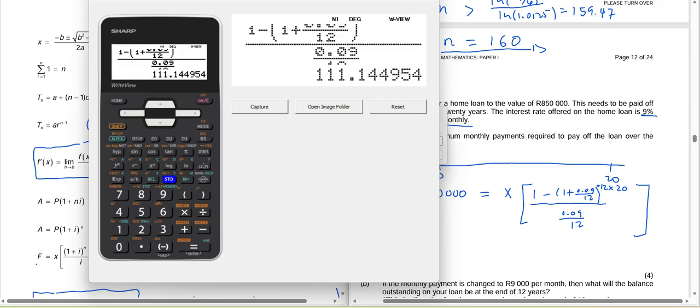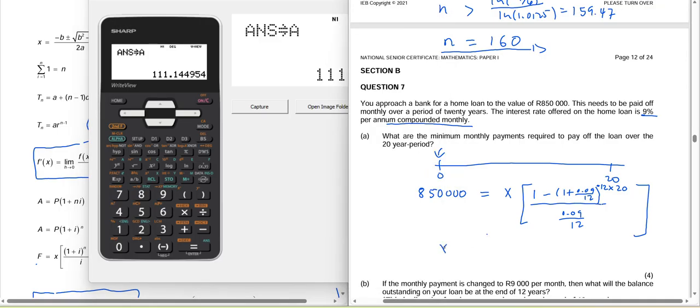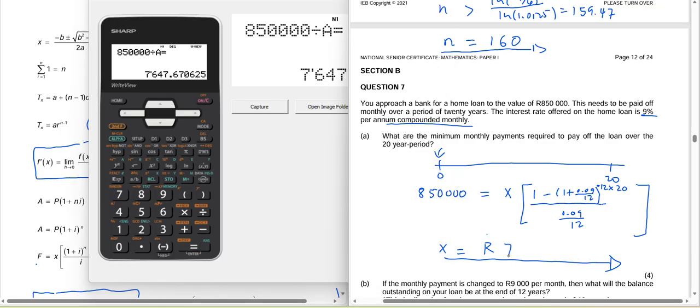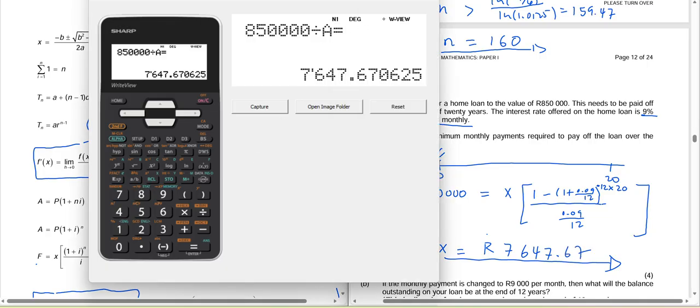And then maybe let's just store it as A. So here we are saying that our X is going to be, because we can skip that other step, 850,000. I think there's an extra zero here. Divided by A, and the answer that we get here is 7647.67. So we are done with this part.